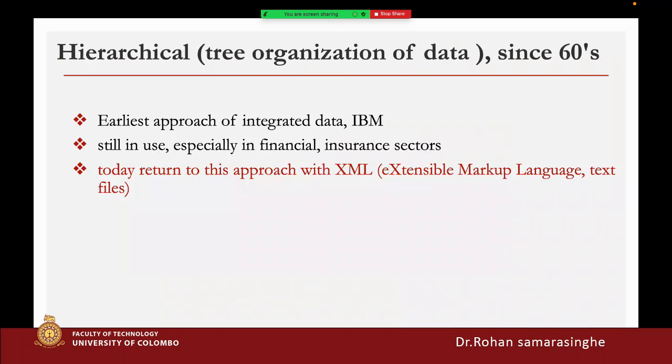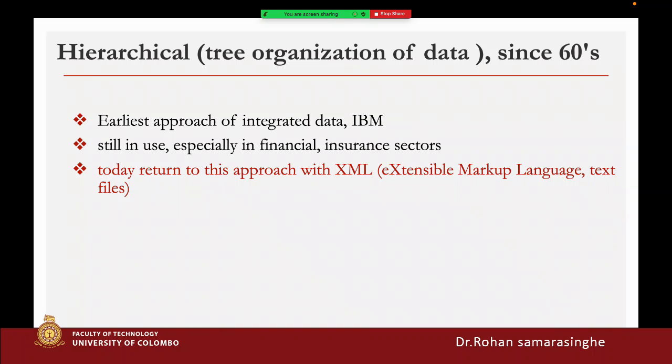The hierarchical model is normally called the tree organization of the data, used since the 1960s. It was the earliest approach to integrated data. IBM used this one, and it is still in use, especially in the financial and insurance sector. Today we return to this approach with XML, extensible markup language, text files.